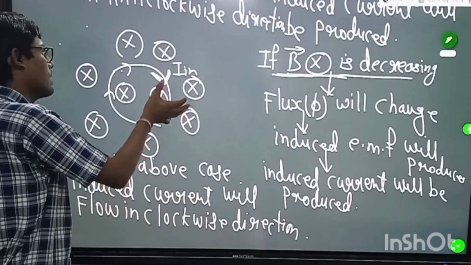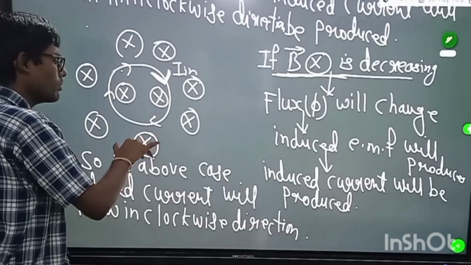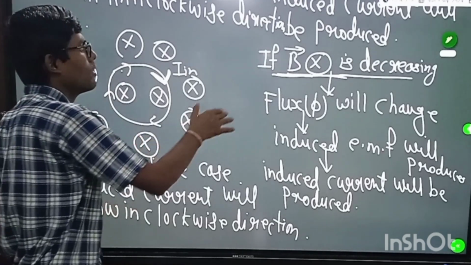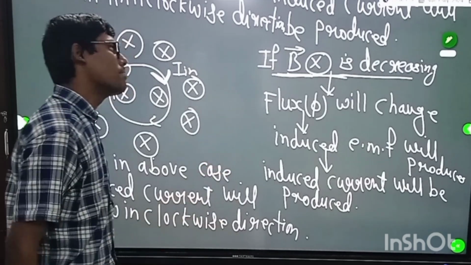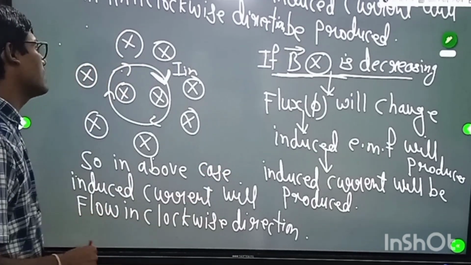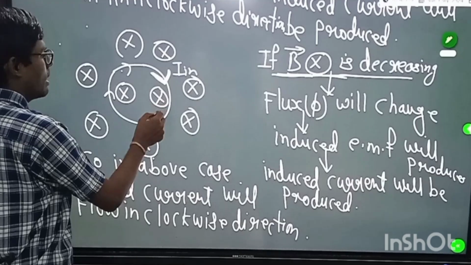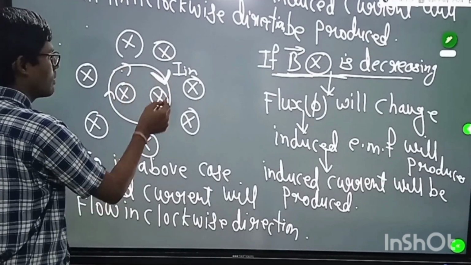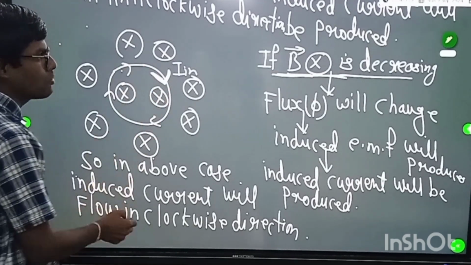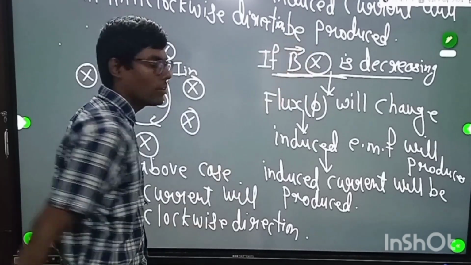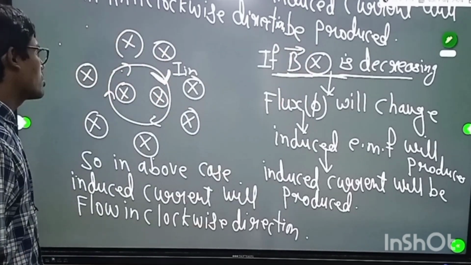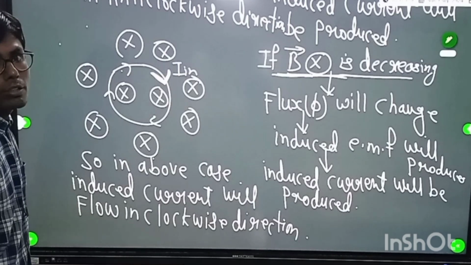If the current flows in the anti-clockwise direction, then there will be more decrease in the magnetic field, which is against Lenz law. So the current will flow in the direction that makes it decrease less. Understood? Now you can write.